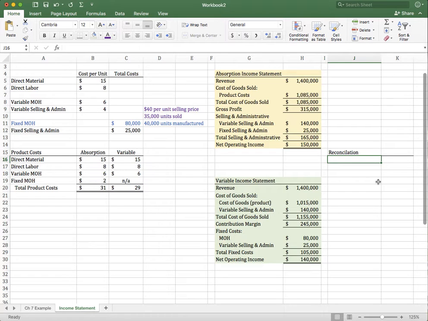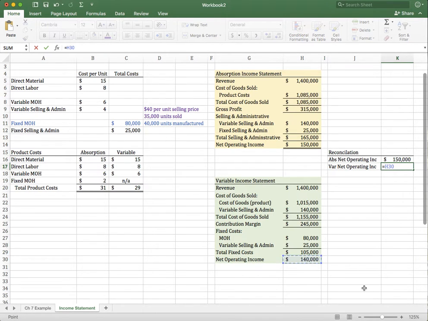So, for our reconciliation, one of our source data points is absorption net operating income, and that's this 150,000. And we're going to compare that to the variable net operating income that we just calculated, which is the $140,000.